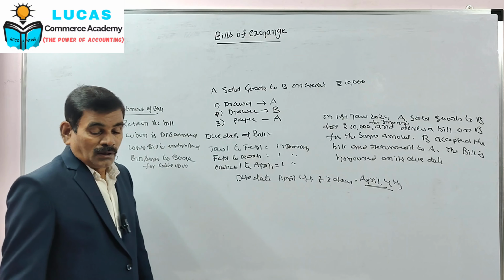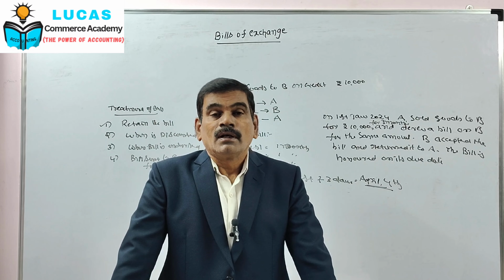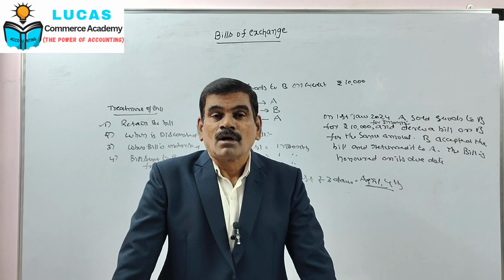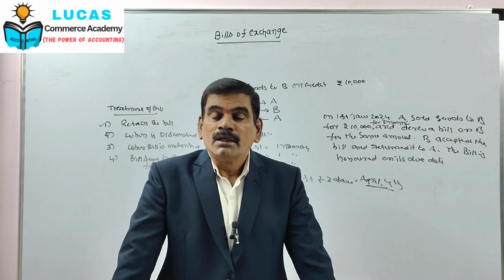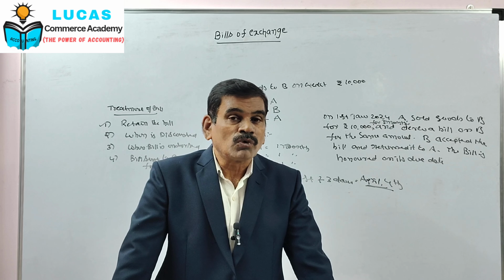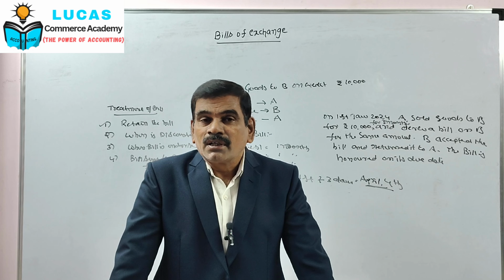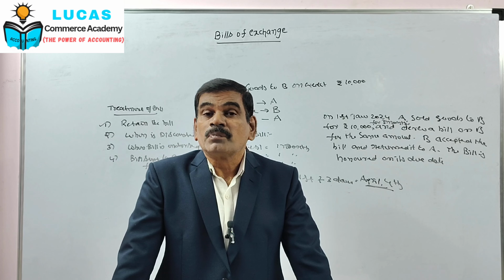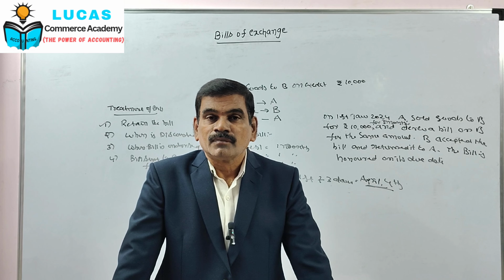Let me give you a recap. A written promise or written statement is known as bill. It is bills receivable for the drawer, an asset for him. The same written statement is bills payable to the drawee, a liability for him.